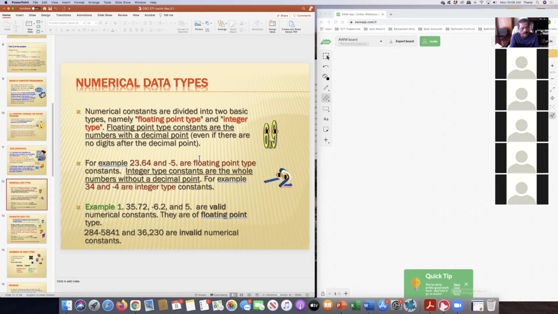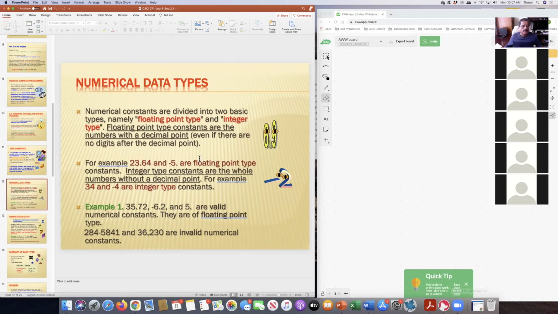A whole number can be an integer, but a whole number can be a float number also, because if you put a decimal point behind it, it's a whole number with no fractional part, but it is not integer type in computer science. So if the number has a decimal point anywhere, then it is floating point type. If it has no decimal point, it's integer type. That's the definition for integer and float type in computer science.